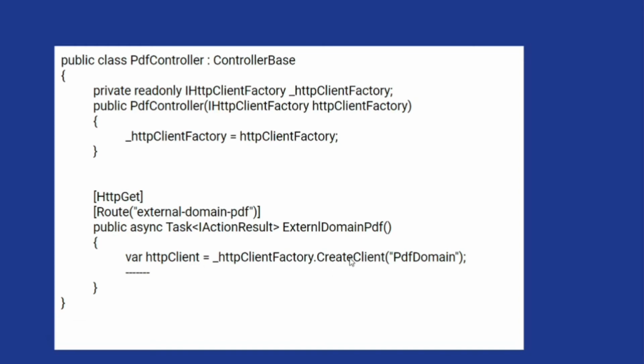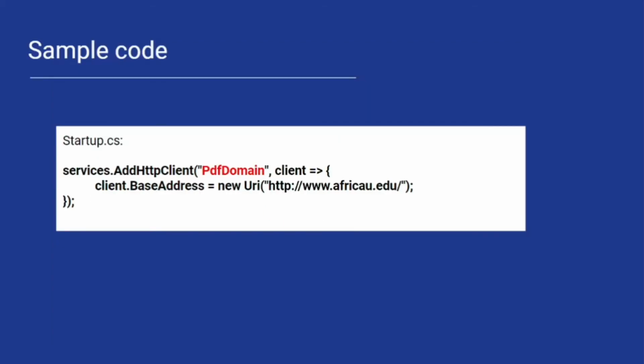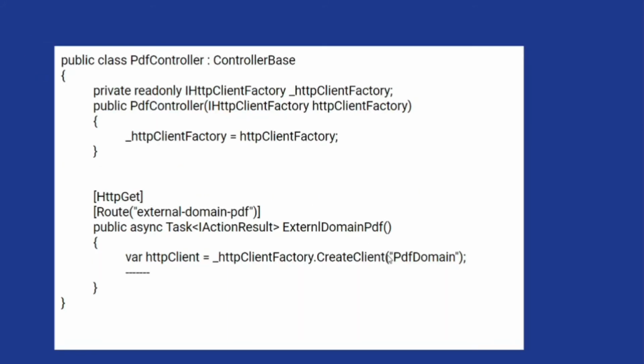This create client method will return the HTTP client instance. What kind of input parameter is it taking? The create client method takes the registered name of our domain. See here, PDF domain. We have registered it, right? The same name will be used to create the HTTP client instance.